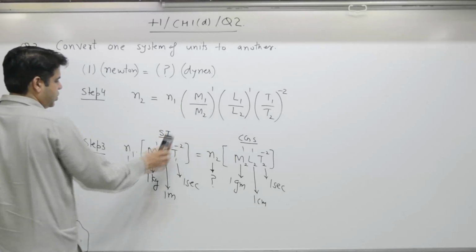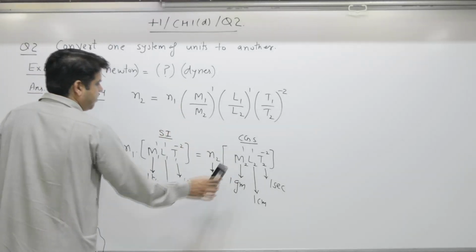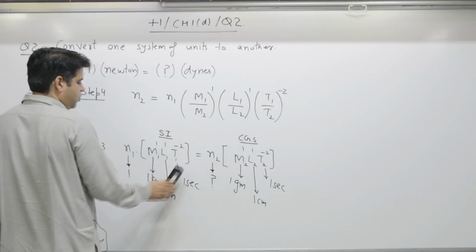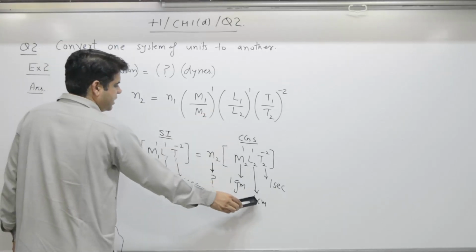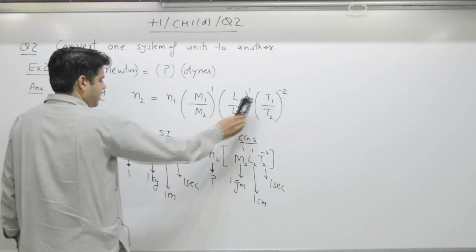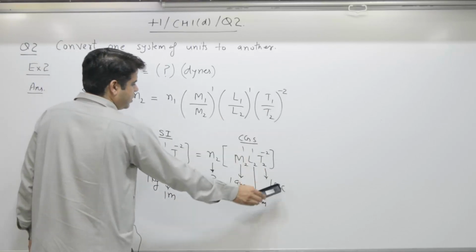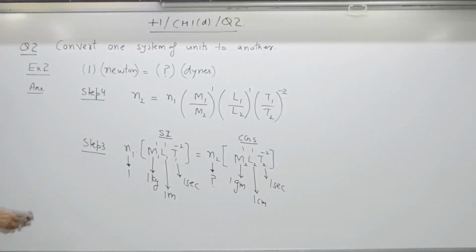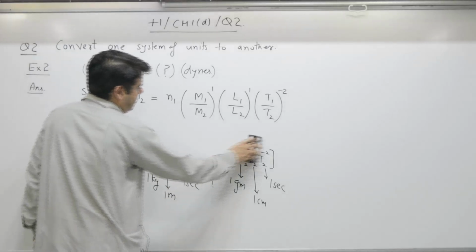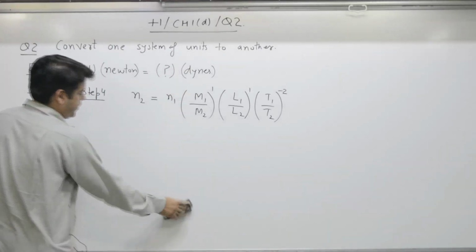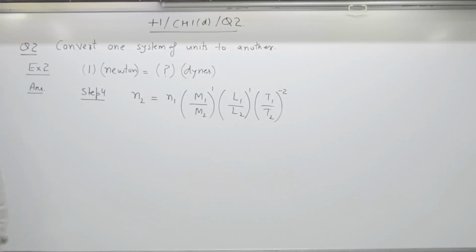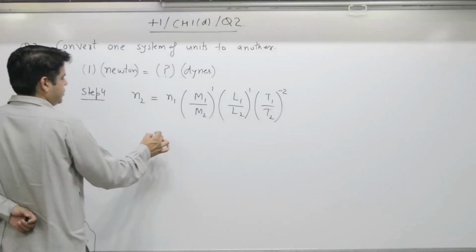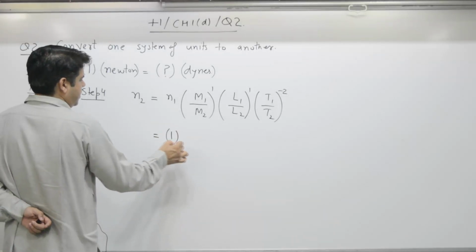Put M1 is equal to 1 kg, M2 is equal to 1 gram. Put L1 is equal to 1 meter, L2 is equal to 1 centimeter. Put T1 is equal to 1 second and T2 is also equal to 1 second. N1 is how much? 1.